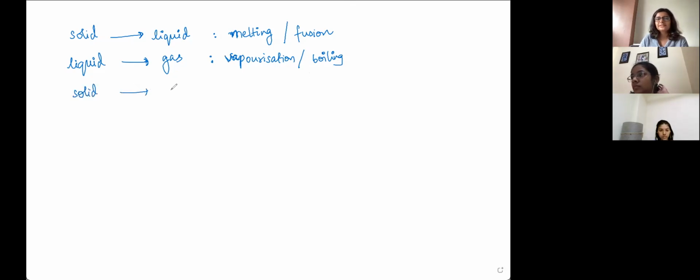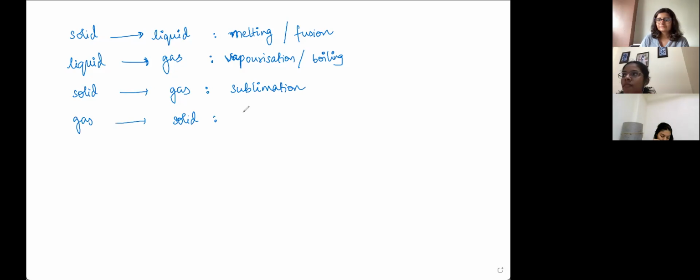Solid turning into gas. Sublimation. Sublimation, yes. And its reverse, gas turning into solid. Think of a gas like vapors that is turning into solid.